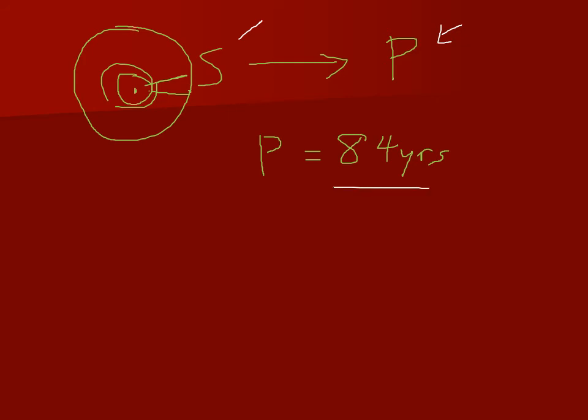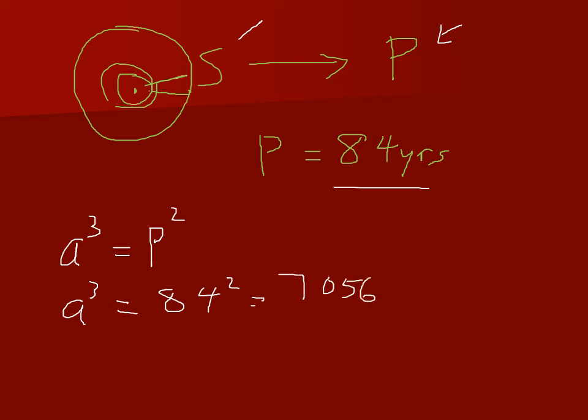Now I want to know how far that is from the sun. Well, Kepler tells us a cubed equals P squared. So that means that a cubed is going to be 84 squared. So use your calculator. 84 squared is going to be 7,056. But I want to know a, how far is it from the sun? So for that, you take the cube root of 7,056.